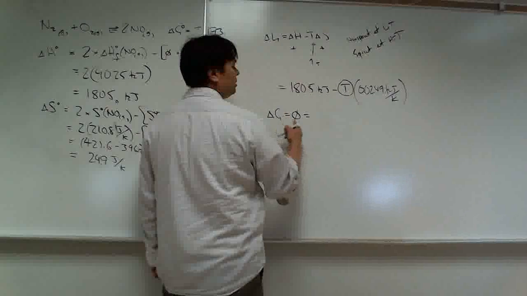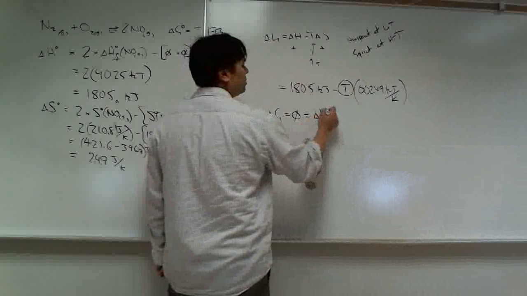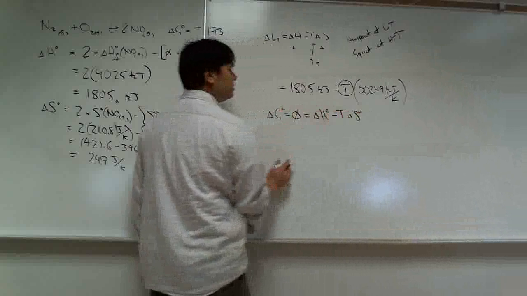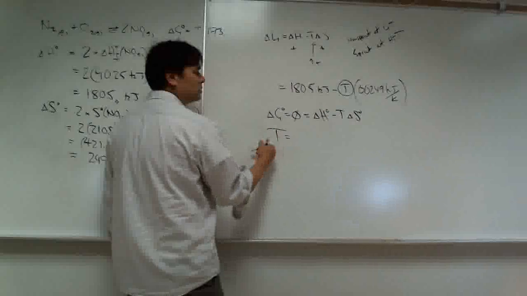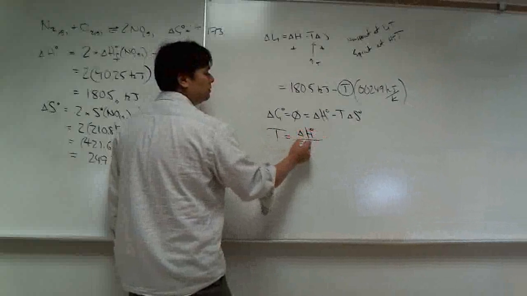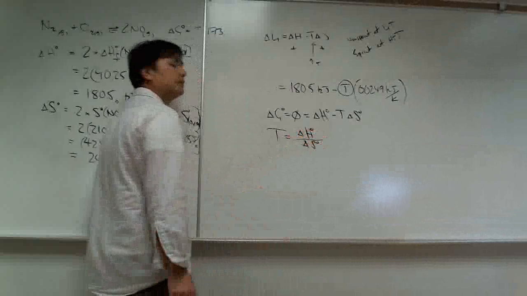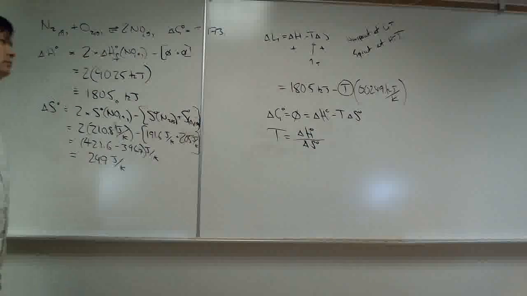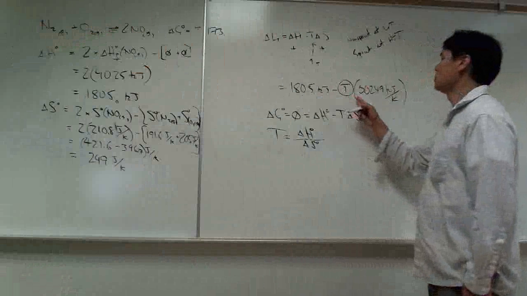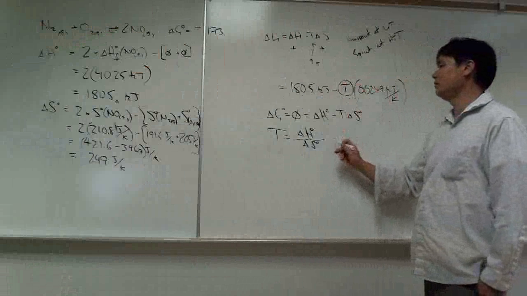So delta G equals 0, which is equal to delta H under standard conditions, minus T delta S under standard conditions, and then solve for the temperature. The temperature is equal to delta H over delta S. This is going to tell me at what temperature this whole thing will turn negative 180.5.